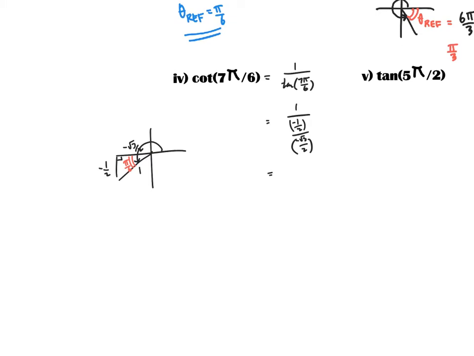That's going to be equivalent to 1 over, you'll see that the 2's reduce here. Those negatives will negate each other, and we'll get 1 over √3. That's equivalent to √3. Therefore, the cotangent of 7 pi over 6 is √3.